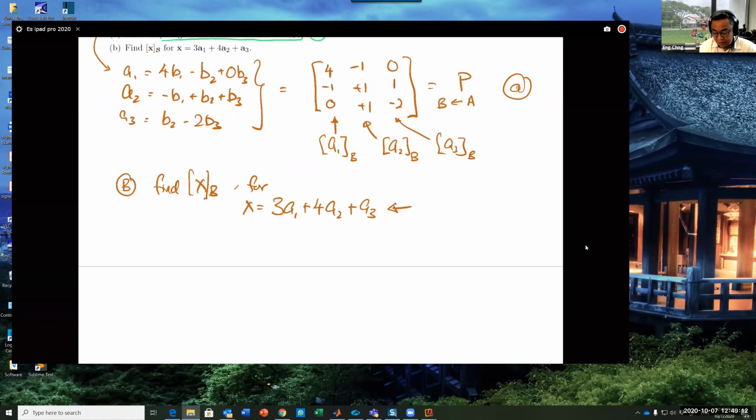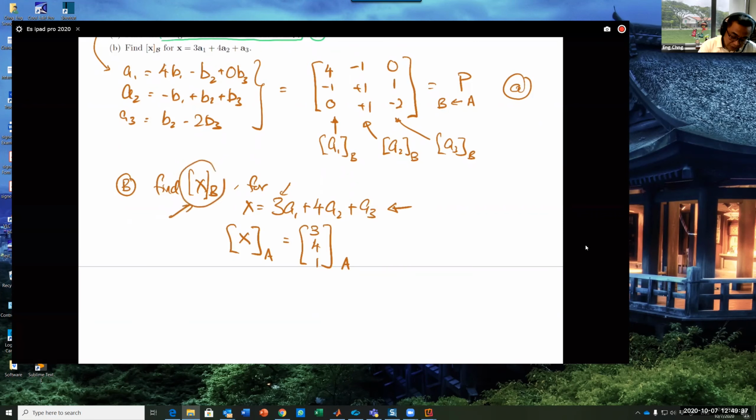See, everything is in terms of A. So I'm actually writing this vector in the A coordinate. What are the elements of this vector? The first element is 3. The second element is 4. The third element is 1. This is the representation of the point in the A coordinate.